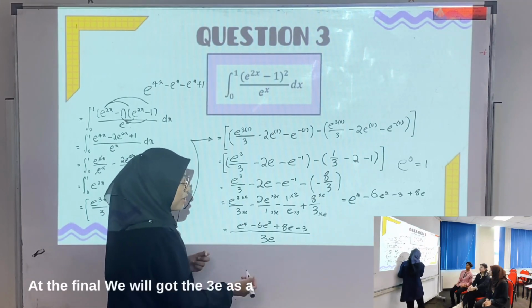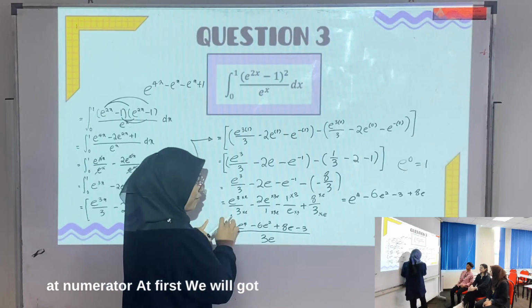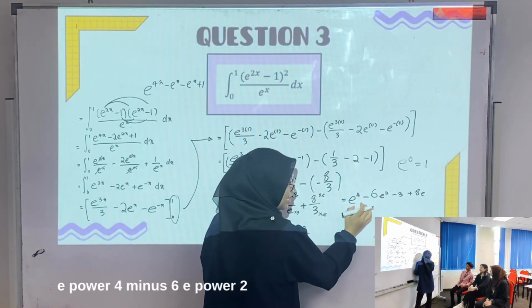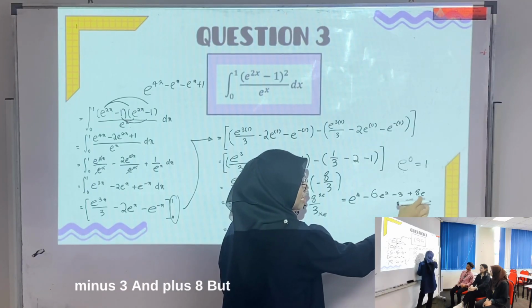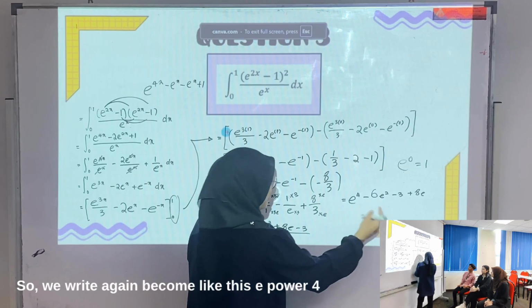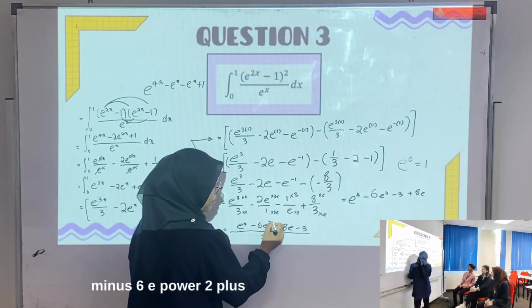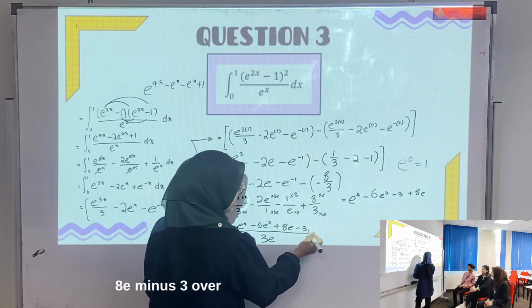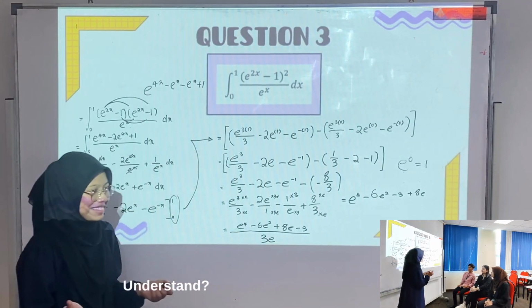At the final, we will get the 3e as the denominator, and at the numerator, at first we will get e power 4 minus 6e power of 2 minus 3 and plus 8. But this form looks messy. So we write again, become like this: e power of 4 minus 6e power of 2 plus 8e minus 3 over 3e. Okay, understand?